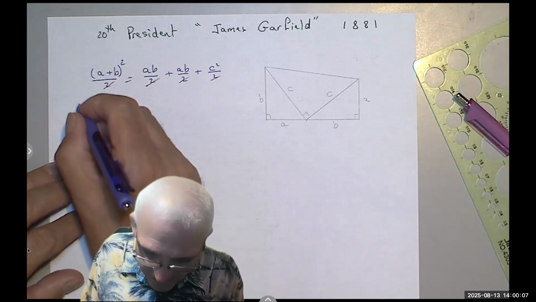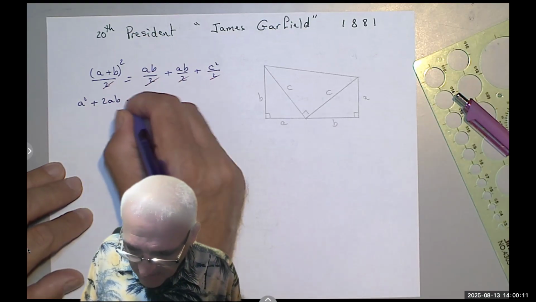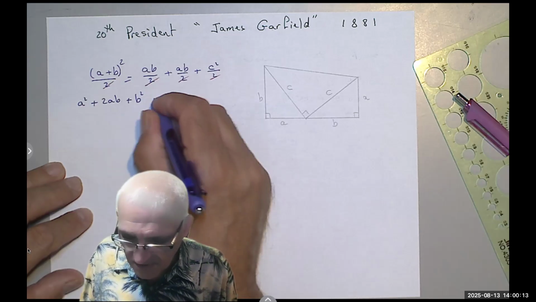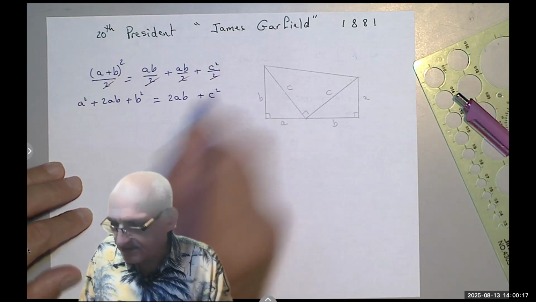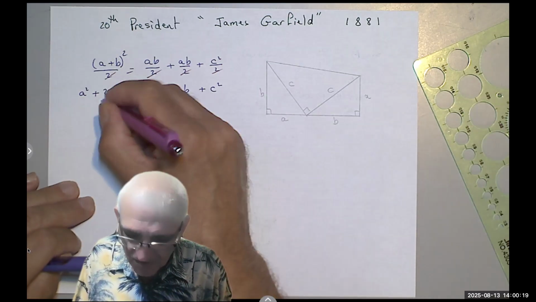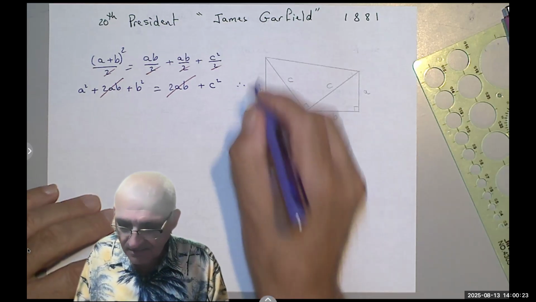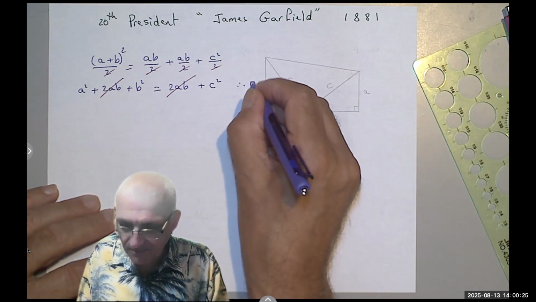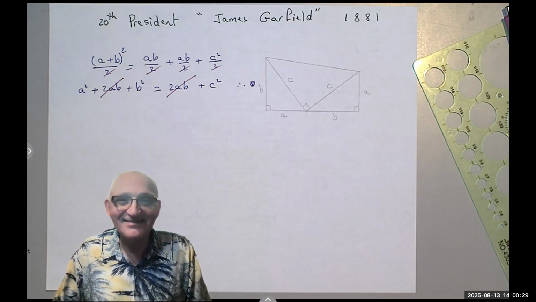Expanding the left-hand side, you get A squared plus twice AB plus B squared equals twice AB plus C squared. Yes, you subtract twice AB from both sides. He proved it. See how easy he did it? Amazing.